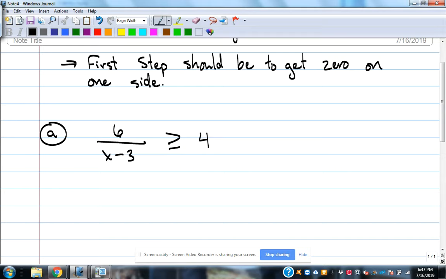But the first step is to get it with a 0 on one side. And if one of the fractions doesn't have variables and stuff, that's the one I move. I'm going to move the 4 by subtraction because that's the easiest way to get a 0 on one side. And then we have 6 over x minus 3 minus 4, and I'm going to put that 4 over 1 so it looks like a fraction. Okay.